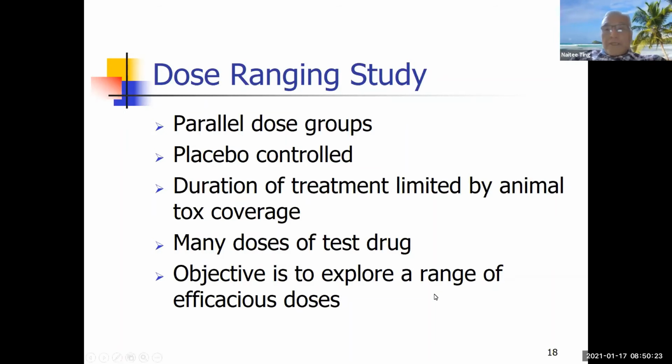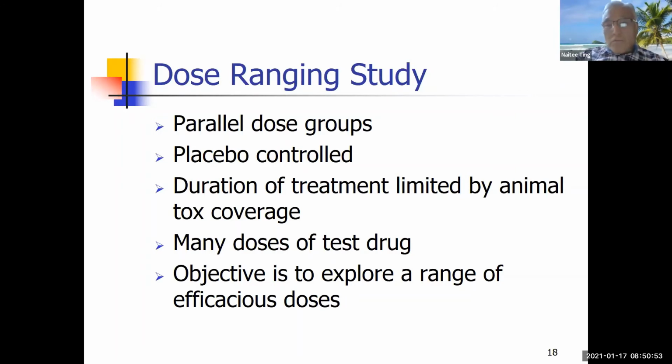But if we can come up with POC, if the concept is proven, then we can move into the dose ranging study. So let's go back and think about the objective of phase 2. Let me go back to the objective of phase 1. Phase 1 is supposed to deliver PK and MTD, right? You need PK and MTD to help you design phase 2 studies.